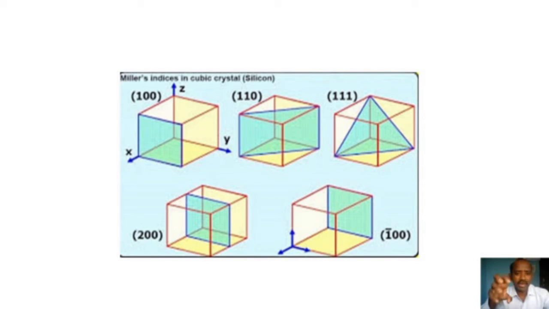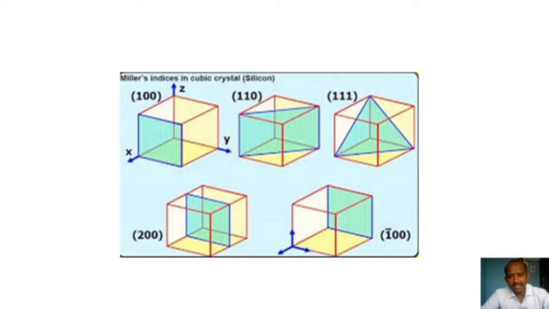If we consider the y-axis, or the z-axis, we have to write 0 1 0 or 0 0 1, like that. In the second diagram we have not considered any x, y or z plane, but we have drawn a plane which is in between the x and y axes. So we have to write it as x is 1, y is 1 and z is 0, because we have not drawn any plane along the z direction.